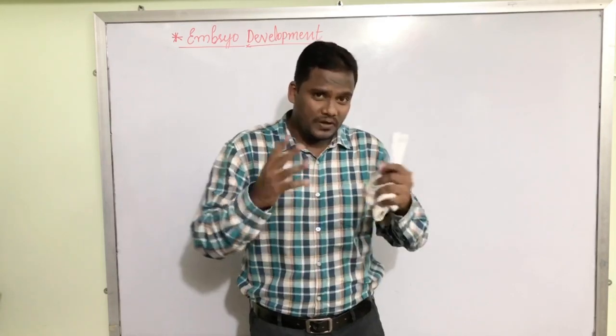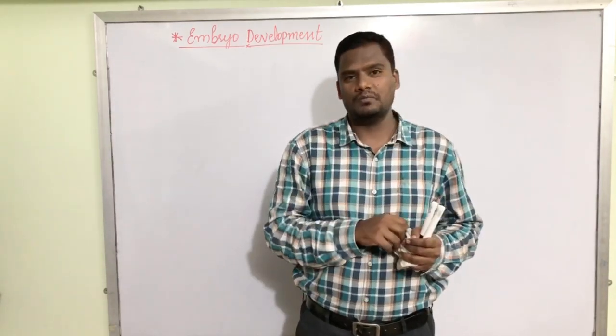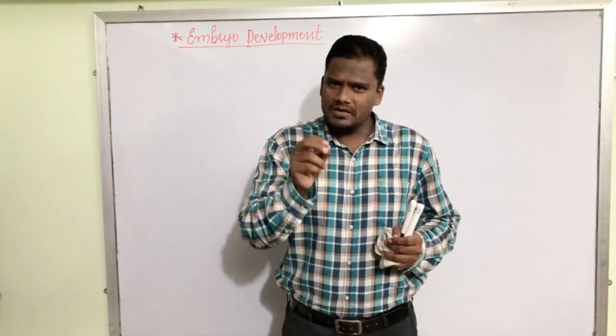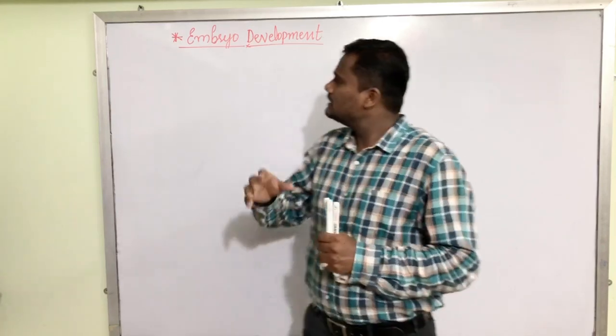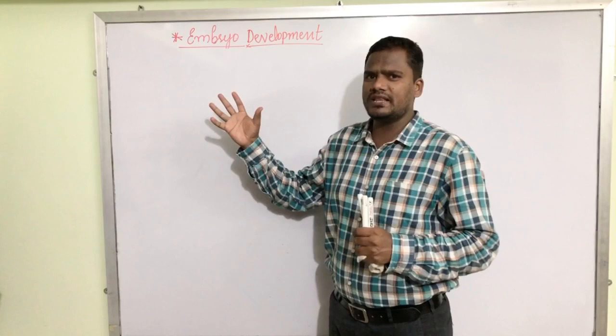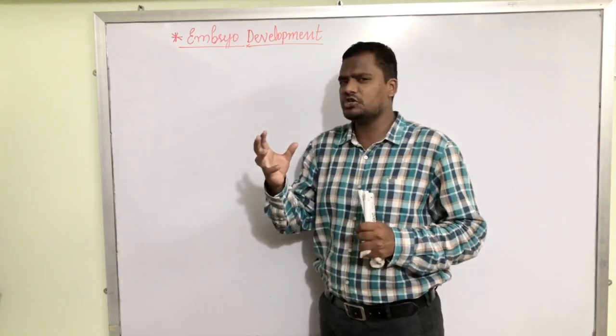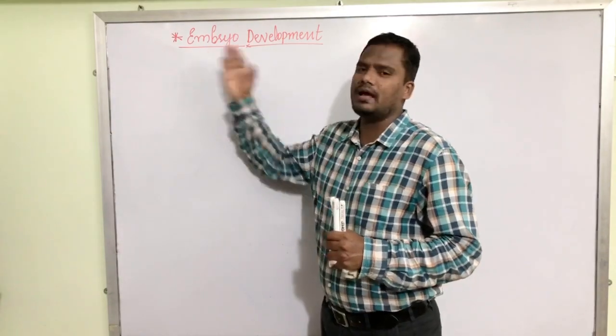Dear friends, in our previous video we discussed the development of endosperm. Endosperm is the result of triple fusion, whereas the egg cell in the embryo sac fuses with the male gamete and that results in the formation of the zygote, and the zygote develops into the embryo.